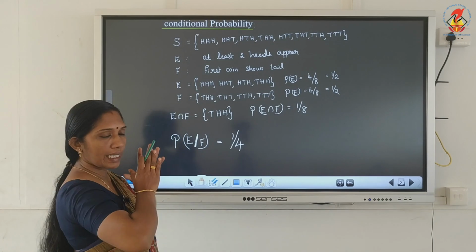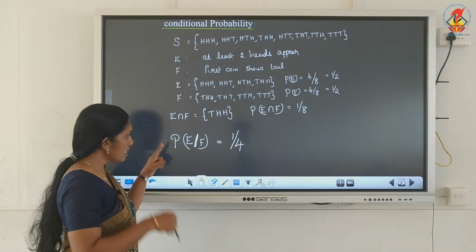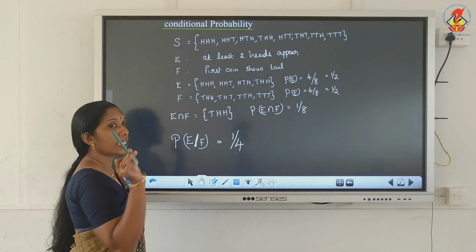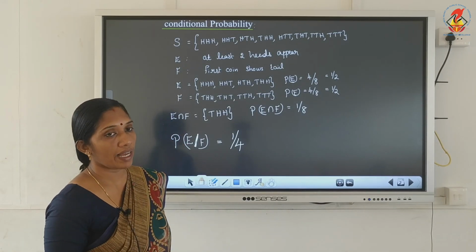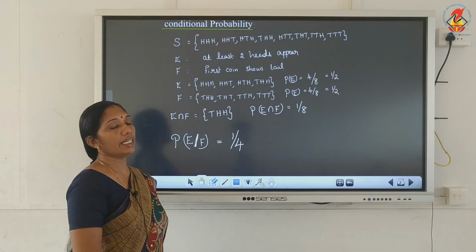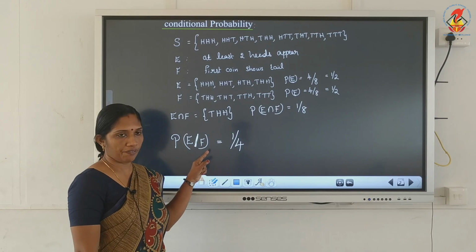So that is not the direct probability, it is known as conditional probability, since we have to find the probability of occurrence of E given that F has occurred. F occurred first, then only E happens. So that is denoted like this: E given F.